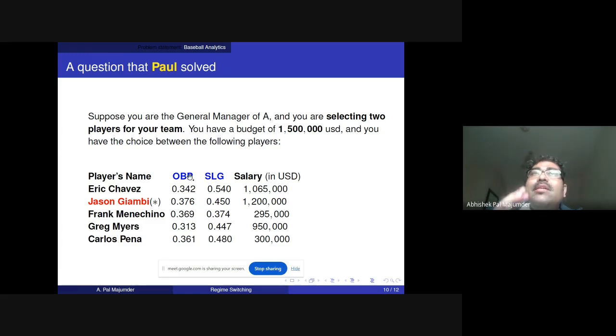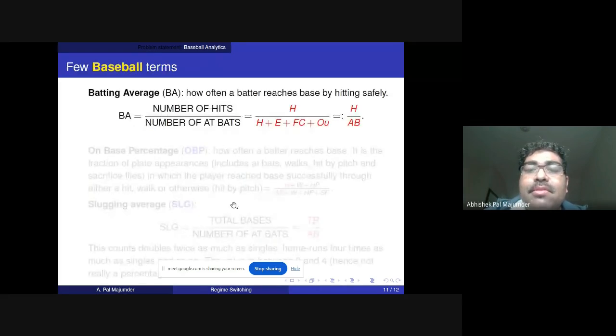These are the two important quotients of a particular baseball player that actually make them valuable. So these are their salaries, and these are their on base percentage and slugging average. Out of this, how can you select two players? That is the problem that we'll eventually solve.